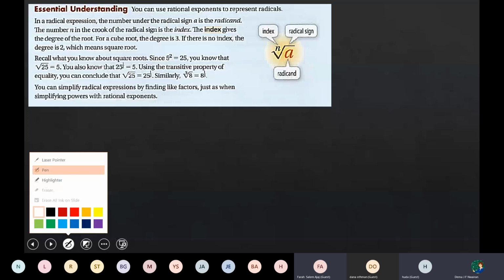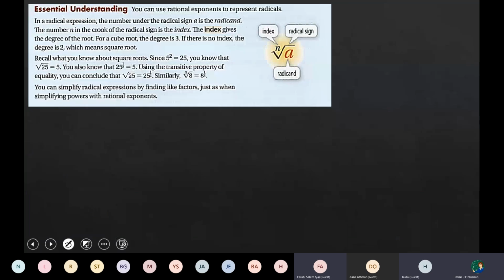When we say the square root of 64, we know that it's 8, because which number to the power of 2 will give me 64? Yes, we all know that the square root of 64 is 8.